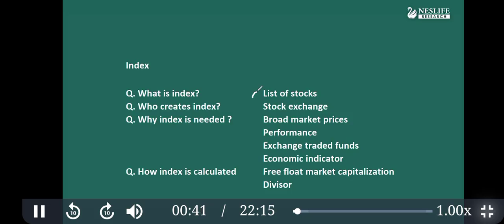There are 500 stocks in NSE and BSE, and those are of different sizes, different sectors. So the stock exchange collects some stocks based on certain criteria and makes a list. And why is this index needed? Because index serves multiple functions or purposes.